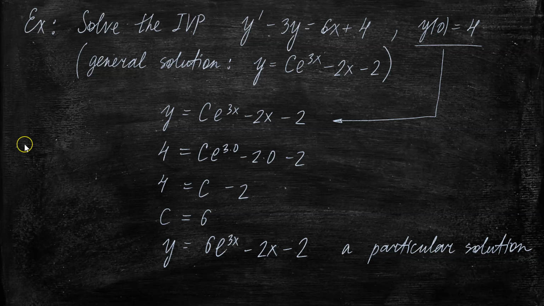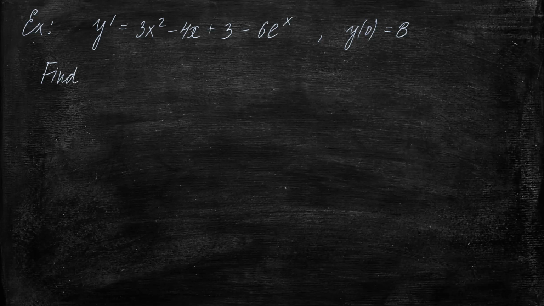So let's try another example. This time the general solution will not be given, so we will have to figure it out first. And again, first we're going to find the general solution.